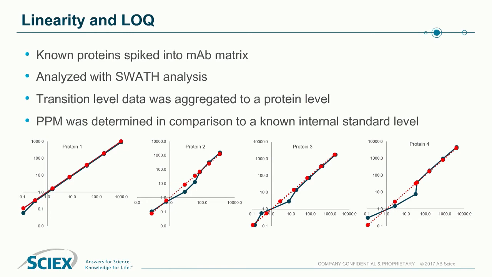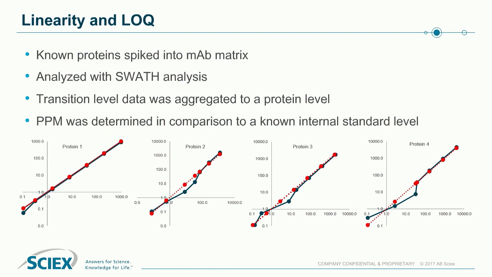So with that in mind, we wanted to then study the linearity and the limit of quantitation. Within BTI, they took a series of standard proteins and spiked them into a monoclonal antibody containing solution, and then analyzed this with SWATH analysis. We aggregated the transition level data up to the protein levels and determined the ppm.